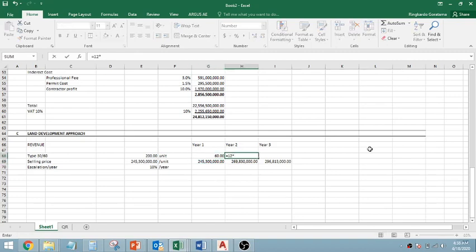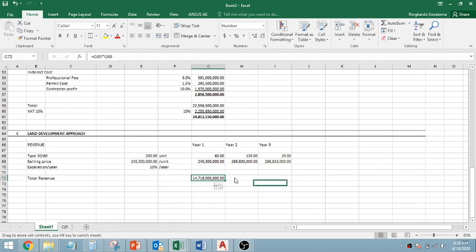For year 2, 12 months, and they can sell 10 units every month, so 120, and this is the remaining. Alright, so after that we calculate the total revenue. We just multiply this to get the total revenue.